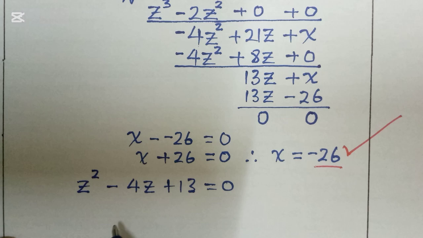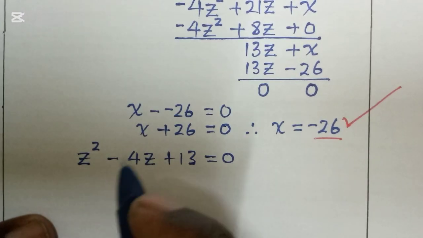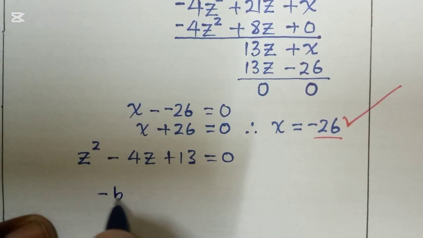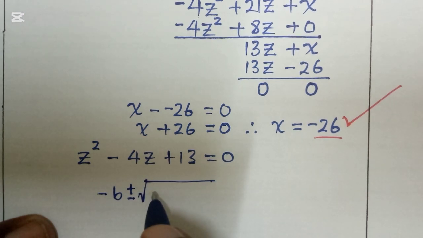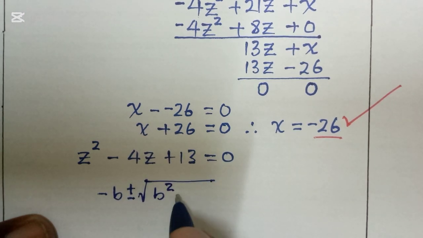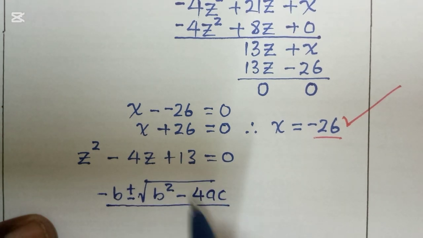This one we will solve by use of the quadratic formula, which now says minus b plus or minus square root of b squared minus 4ac, all over 2a.